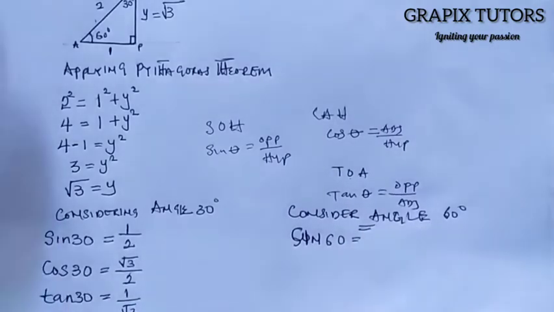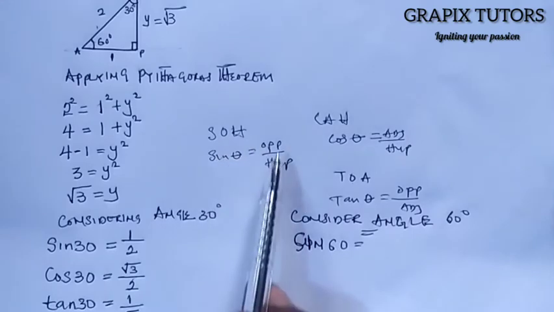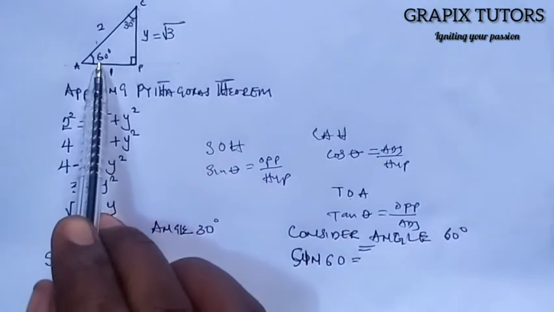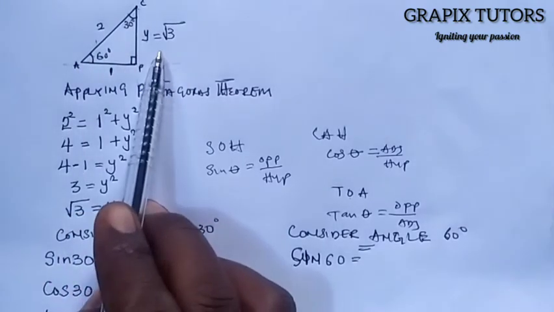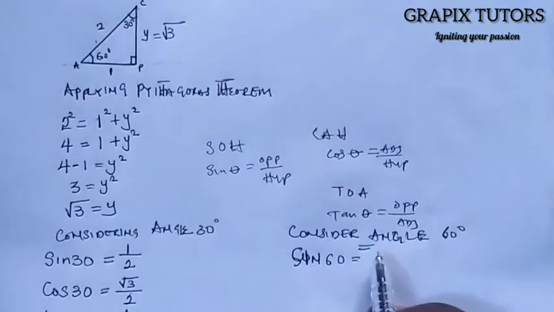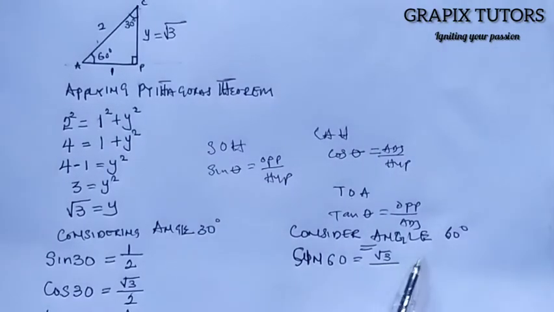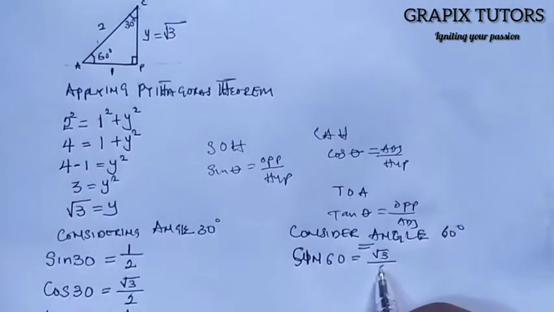For the word soh, sine theta is opposite of hypotenuse. Now because we are considering sine 60, the side 60 is facing will be my new opposite. So it will be opposite, which will be what? Root 3 all over what? Hypotenuse. The hypotenuse doesn't change, it's always fixed. That will be root 3 all over 2.